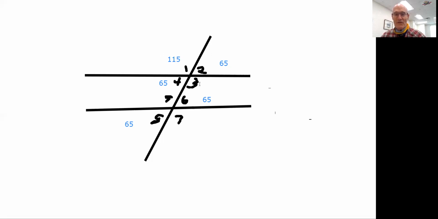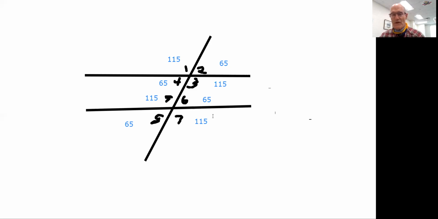So the other angles, 3, 5, and 7, are all equal to 115. So what you see here, when you have a pair of parallel lines cut by a transversal like this, 4 of the angles have one value and the other 4 have a second value, and the 2 values will always be supplementary because the 2 values will always add up to 180.